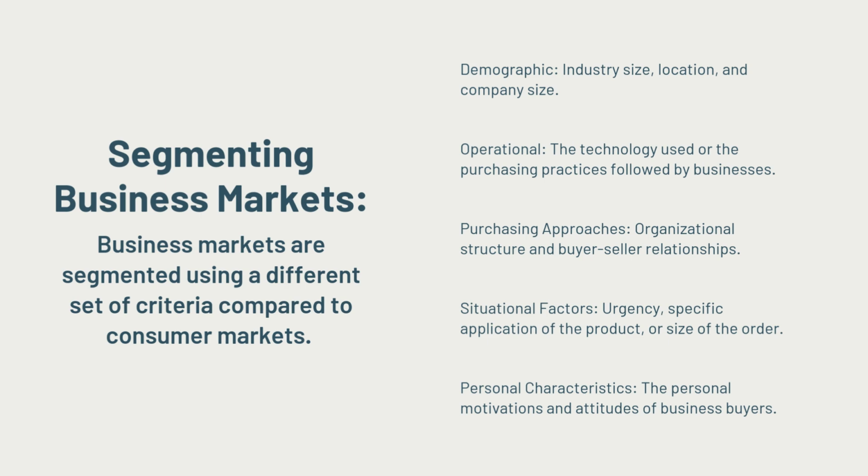Okay. Operational variables. So, this could include the technology a company uses or their operational setup. Next, we have purchasing approaches. So, some companies have centralized purchasing departments, while other companies may allow individual departments to make their own purchasing decisions. So this difference in approach will also require some customization on the part of the company.